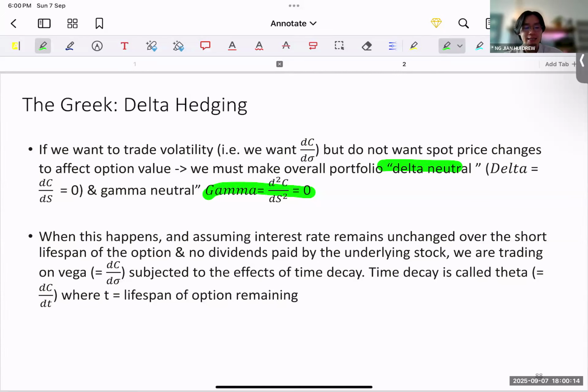We also need to consider things like the volatility, Vega, and also the time decay, how the shorter time to maturity will affect the price of your options as well.